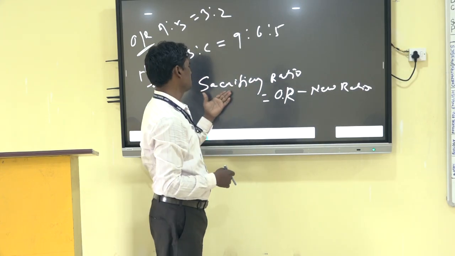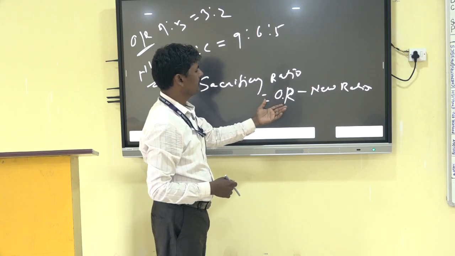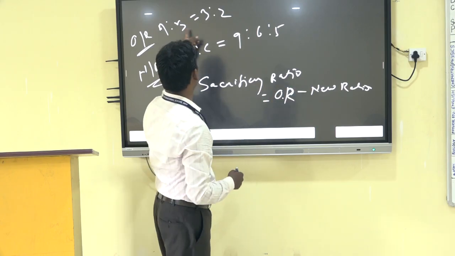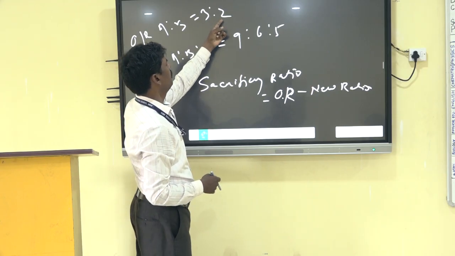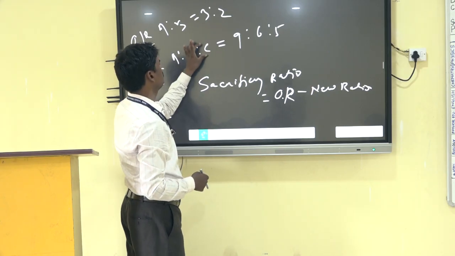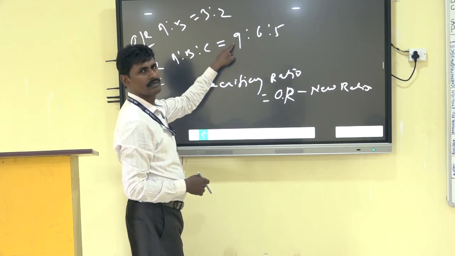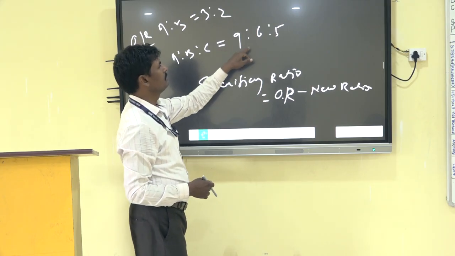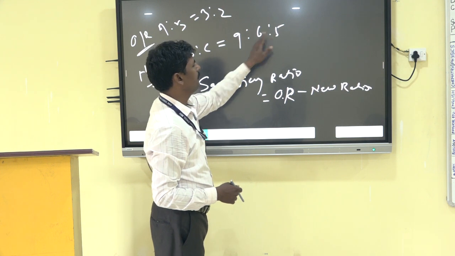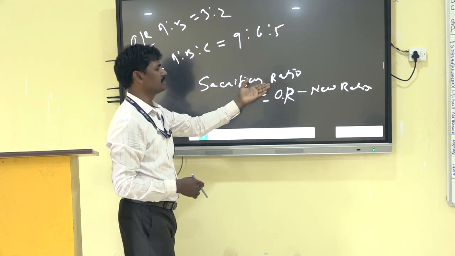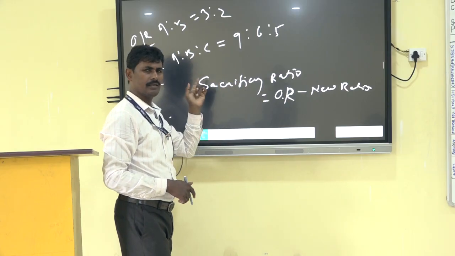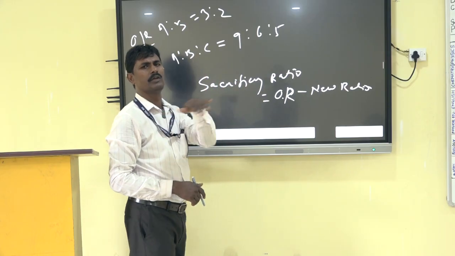Clear? This is the sacrificing ratio: old ratio minus new ratio. The old ratio is A's 3/5 and B's 2/5, but the new ratio is 9/20, 6/20 and 5/20. Who sacrifices? The old partners sacrifice to the new partner.